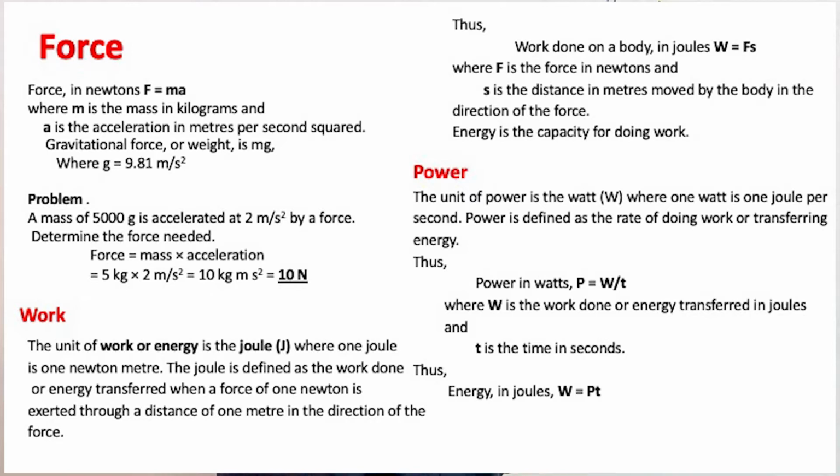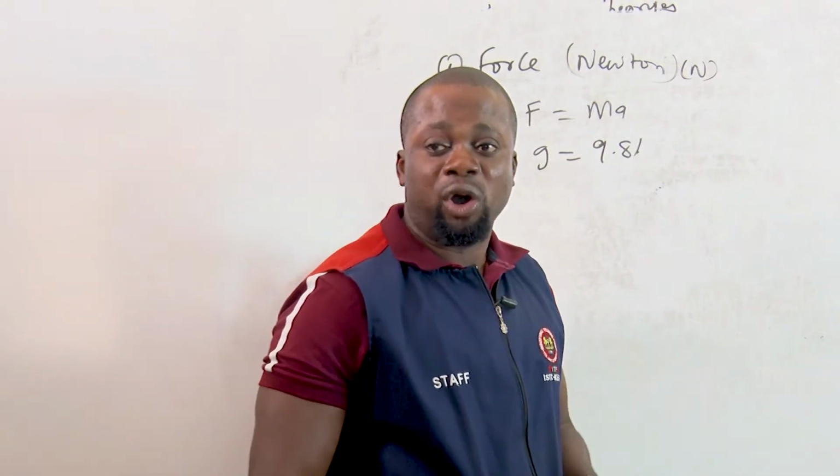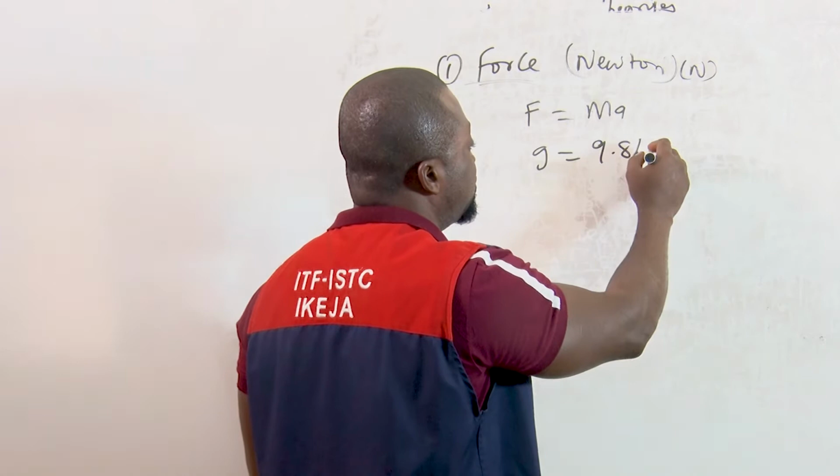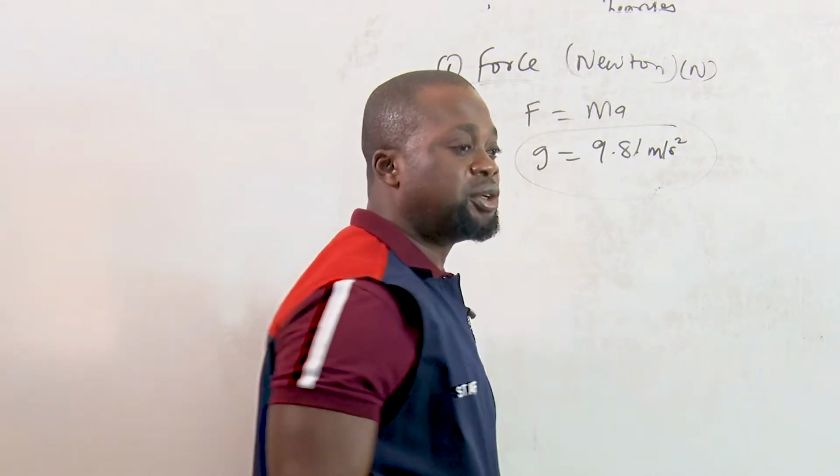And of course, we say gravitational acceleration g is equal to what? 9 point something. Basically we say 10, but it is 9.8 something, whatever, meter per second squared.